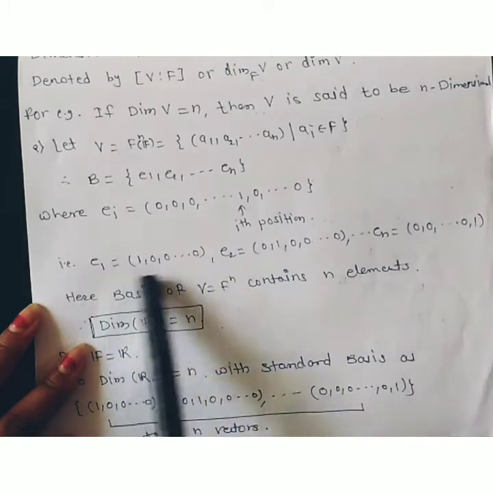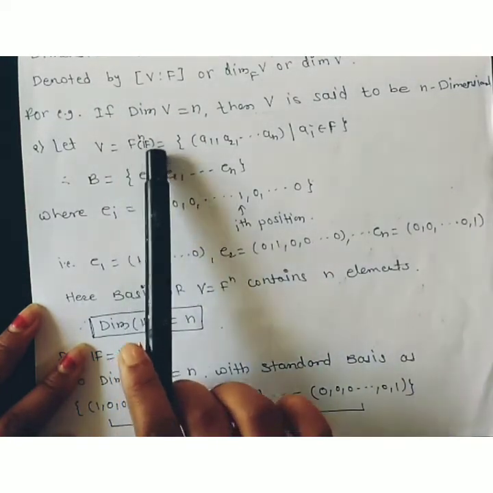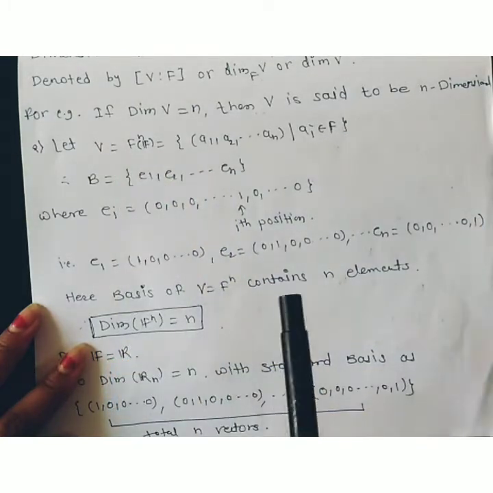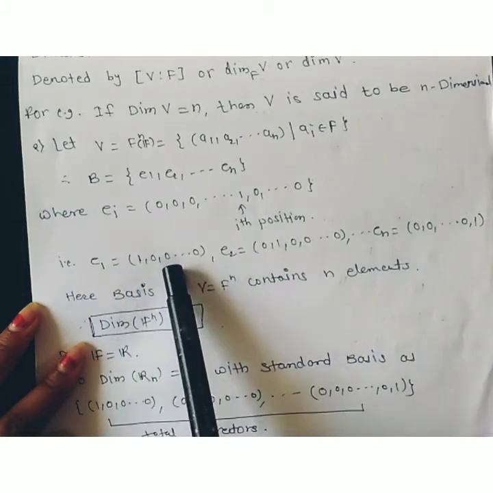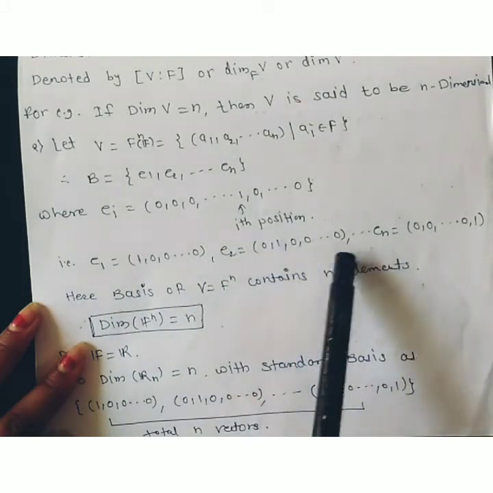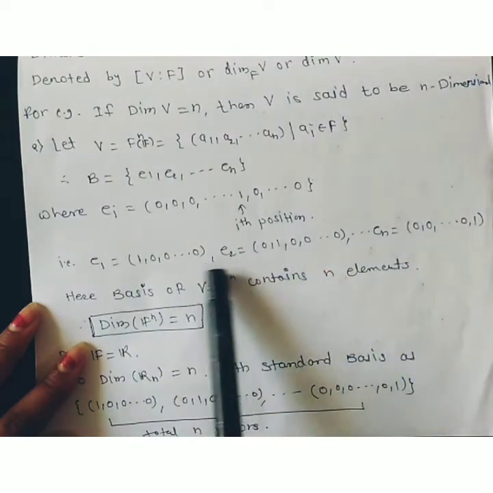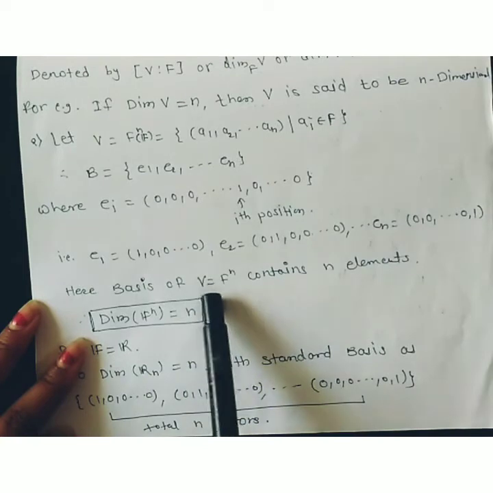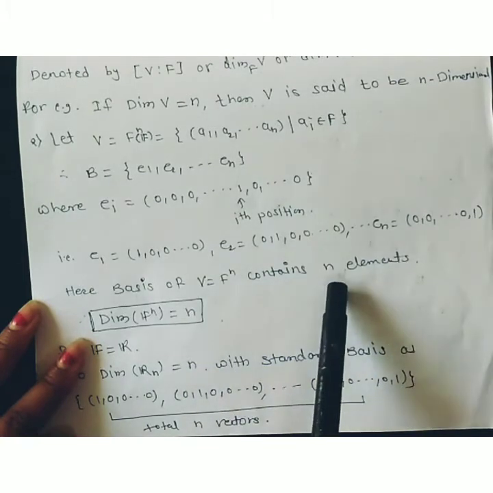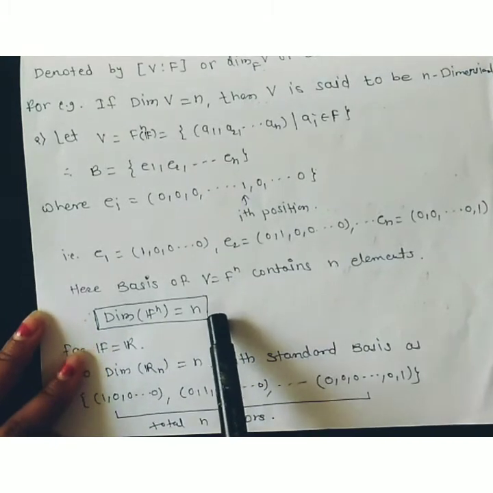So these are the basis elements of this vector space F^n over F. How many elements? Total n elements: e1 is the first element, e2 is the second element, up to en, the nth element. Therefore the basis of V equal to F^n consists of these n elements. So the dimension of F^n over F is equal to n.